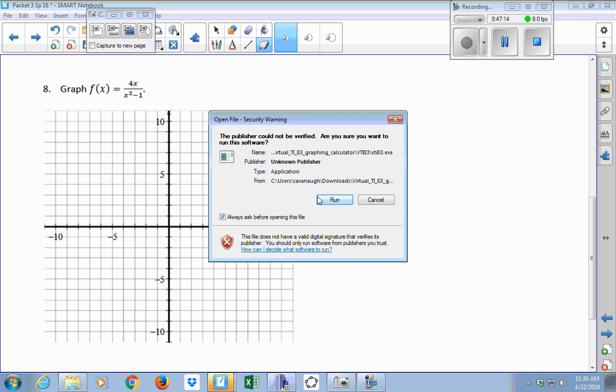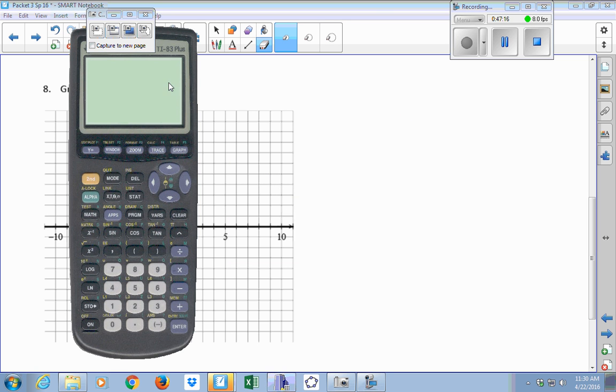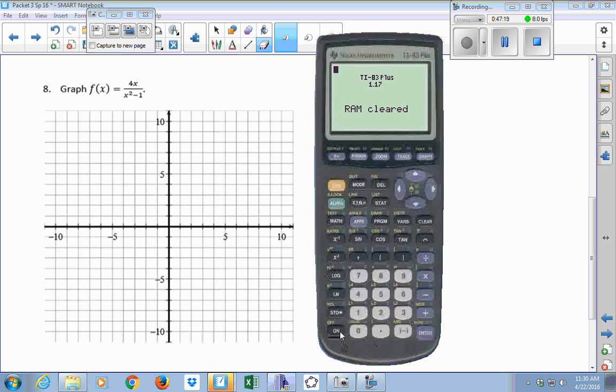Put a really big number in there and look at what happens. 4 times 10,000 divided by 10,000 squared gives .0004. That's pretty close to 0. That's what e to the -4 means, 4 times 10 to the -4. Anytime the degree in your denominator is bigger, your horizontal asymptote is your x-axis.